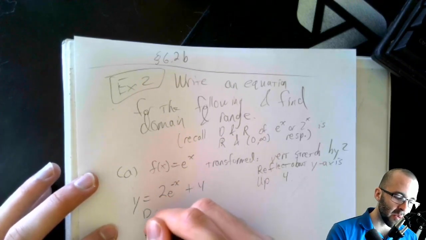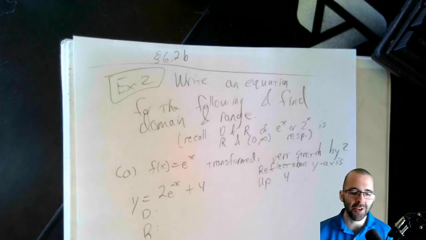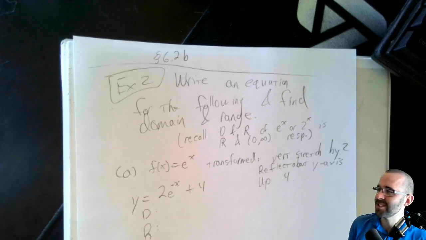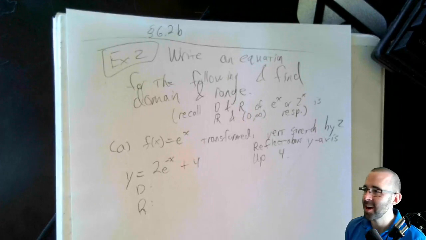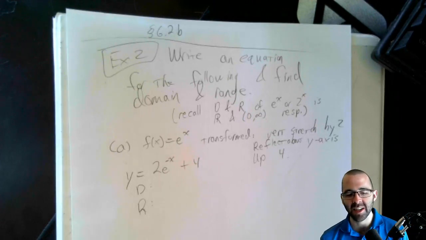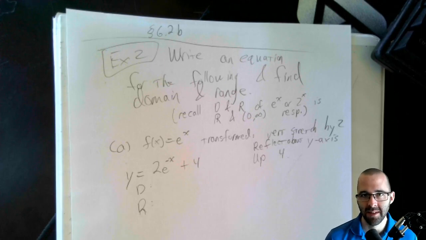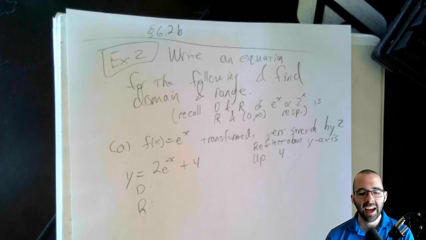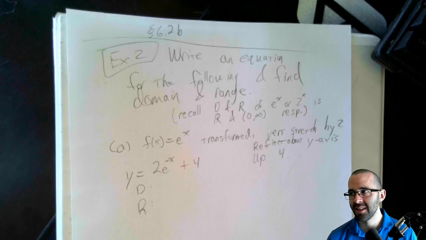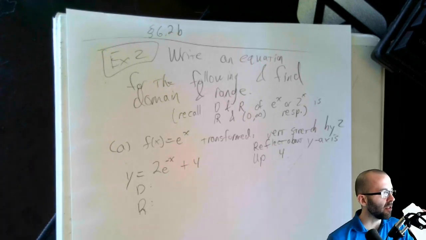Someone give me either the domain or the range. The domain should be easy. By now you should say, Jason, why are you even asking about the domain? I could find the domain of an exponential function in my sleep because it's always the same. Any exponential function is the same domain. Will someone give me either the domain or the range?